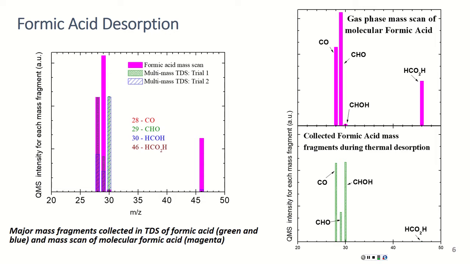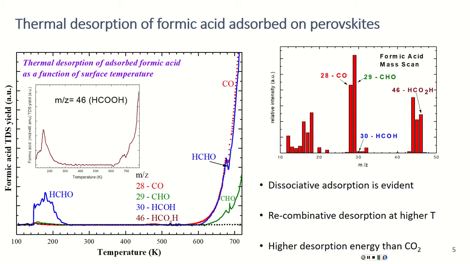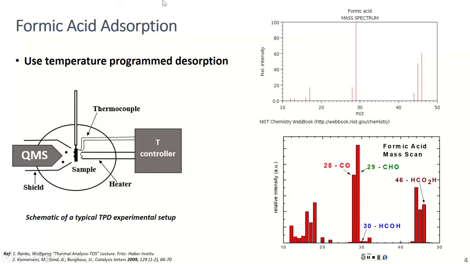It's just the mass spec itself, or maybe the chamber induces it. We can look it up in a database. This is from a database, the gas phase mass spectra of formic acid, and we have a similar mass spectra here. This is our experimental gas phase mass spectra of formic acid.